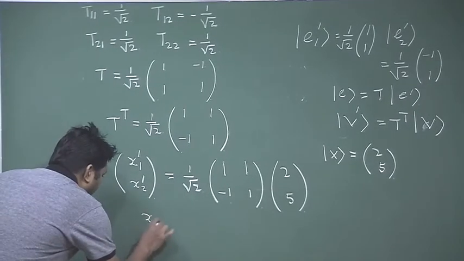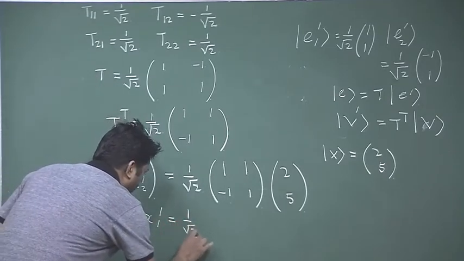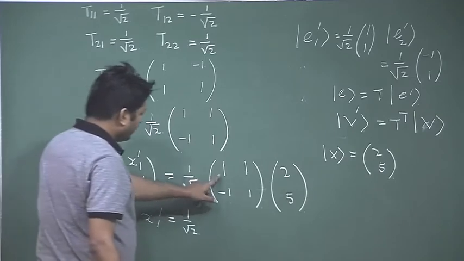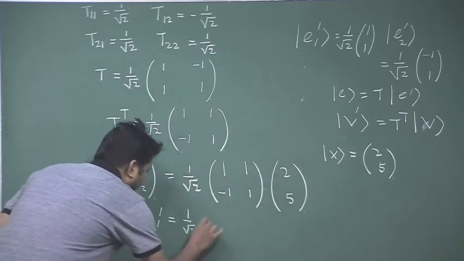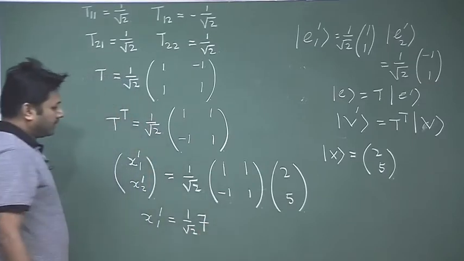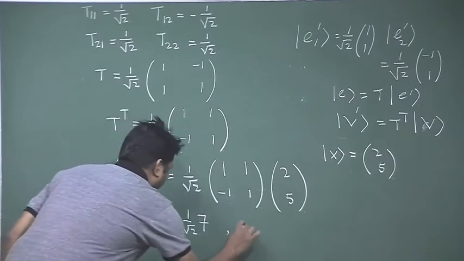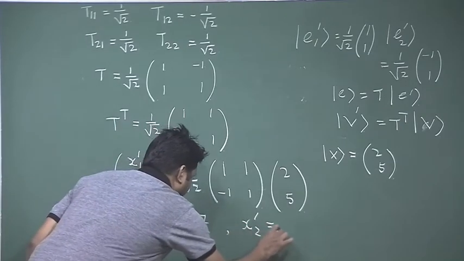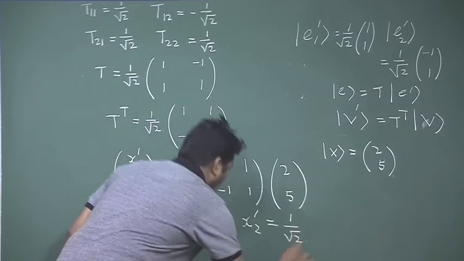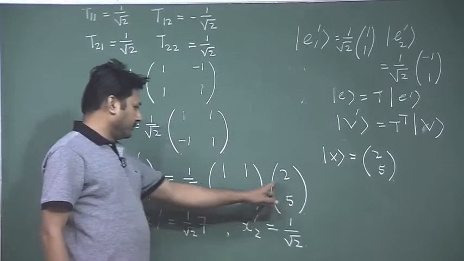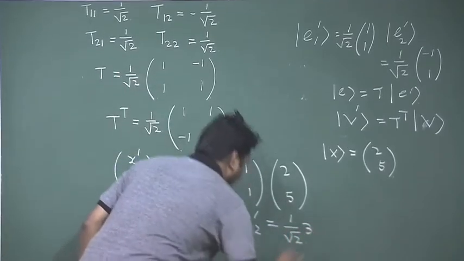So x1 prime is simply 1 by root over 2 into 2 times 1 and 5 into 1, so 7. It is coming like this, and x2 prime is coming as 1 by root 2 times minus 2 plus 5, so 3.